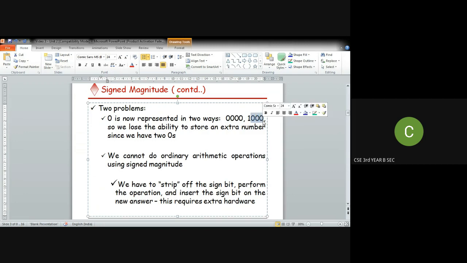But 0 is neither positive nor negative, so we should not write plus 0 or minus 0. In the signed magnitude method, however, there are two representations for zero. This is not a good way, so we have to choose a better one.